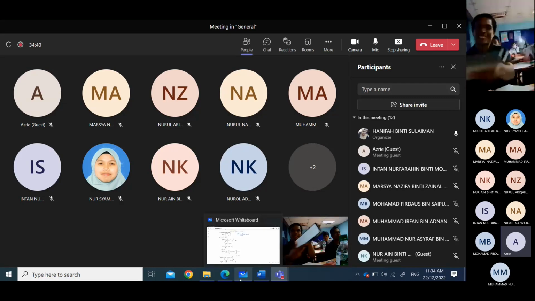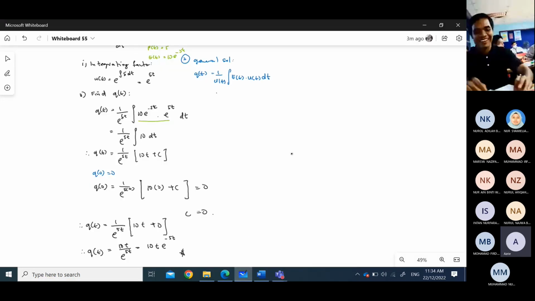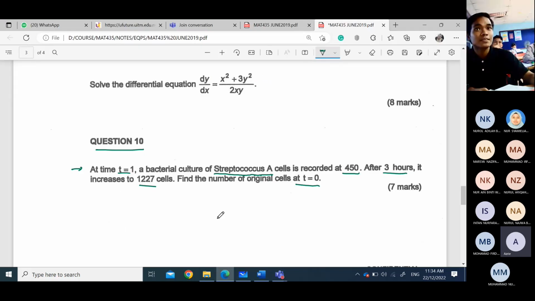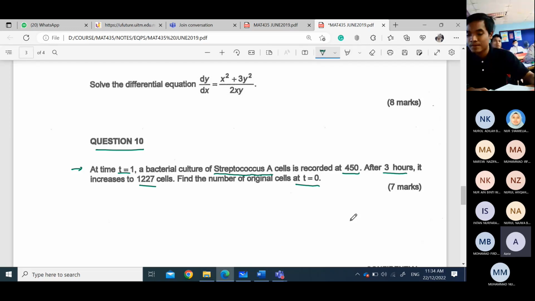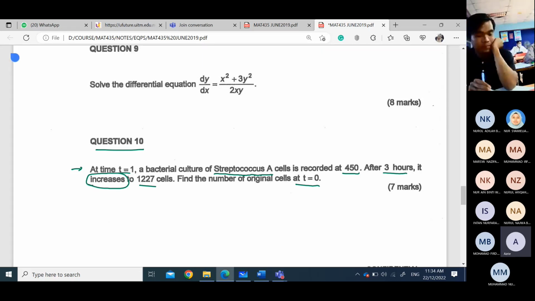Okay, so this one, kita guna apa? Okay, so dia ada keywords dia. So kalau nampak dekat sini, bila ada melibatkan increases, so maksudnya the bacteria grows. Okay, so based on this statement, we identified that at t equal to 0, the sample of cell is at 450.